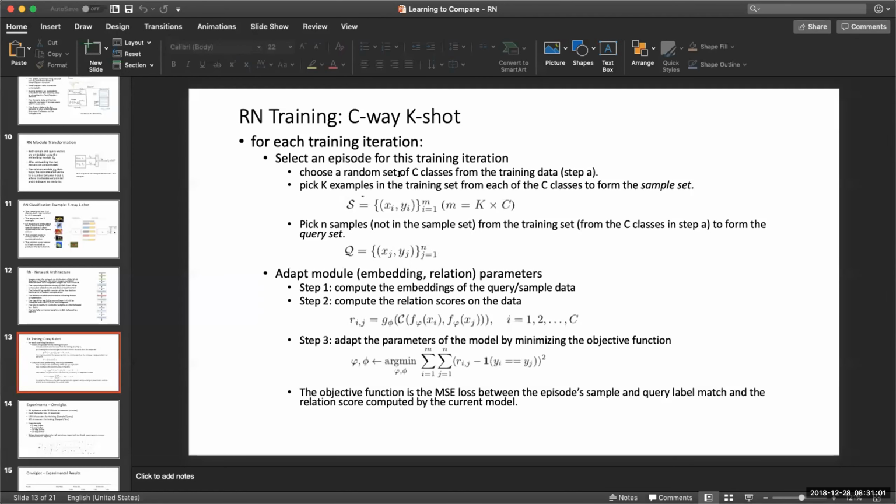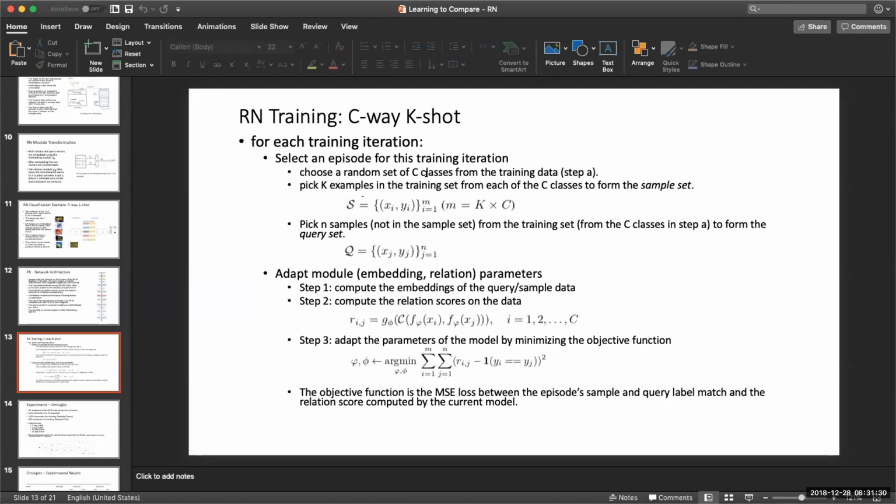The first part of that is to pick C classes from the training data, where C is the number of classes in the target data set. That is typically much smaller than the data in the training set.